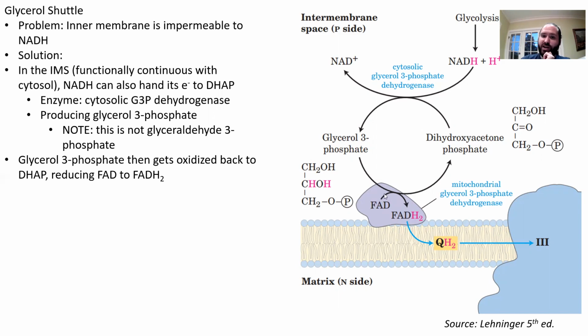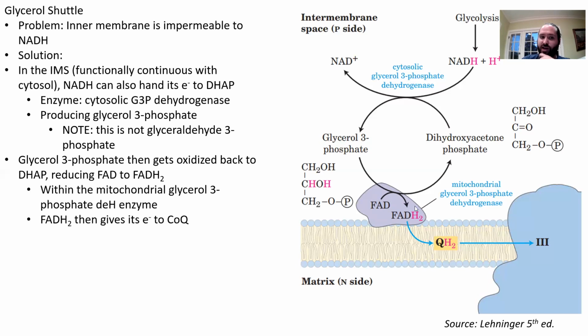FAD is just a cofactor for this mitochondrial enzyme. Now, glycerol 3-phosphate dehydrogenase is acting in the way the name suggests. It's oxidizing glycerol 3-phosphate, and it's reducing the electron carrier FAD to FADH2. FADH2 has the electrons now, and it'll give its electrons to coenzyme Q, turning it from ubiquinone to ubiquinol. So this is ubiquinol.